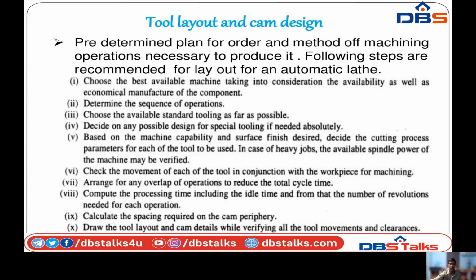That means adjustment of overlap operations. Next, compute process timing for each operation, including idle time and total time. Next, calculating the space required for cam periphery. After that, finally we draw the tool layout. It is the procedure for drawing the tool layout, following these basic steps.